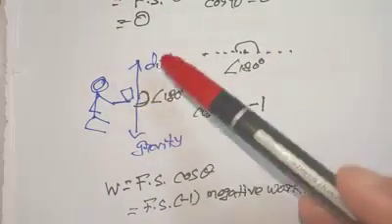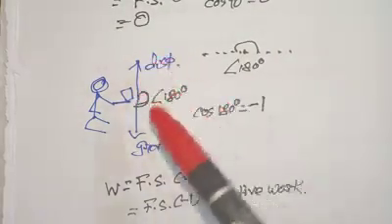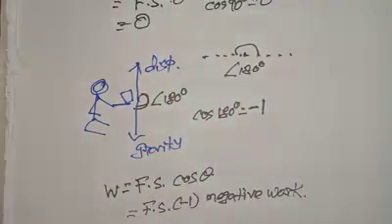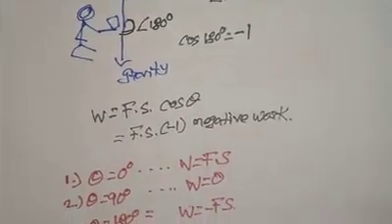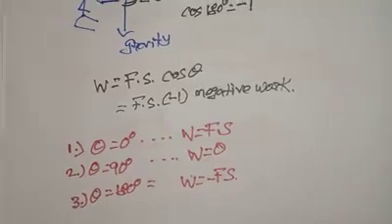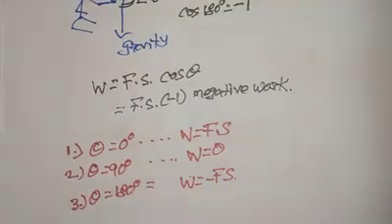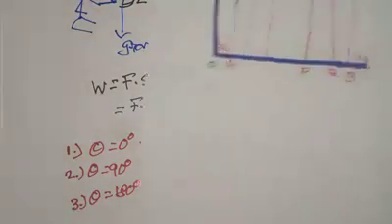In case it's thrown up, or if there's a displacement in this direction, and earth is pulling it in this direction, what we get is cos 180 degrees, which is minus 1, and we get a negative work. So 1, 2, 3. These are the 3 cases of work done which we have learned in the first part of the video.